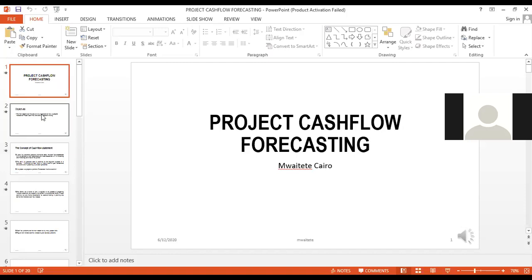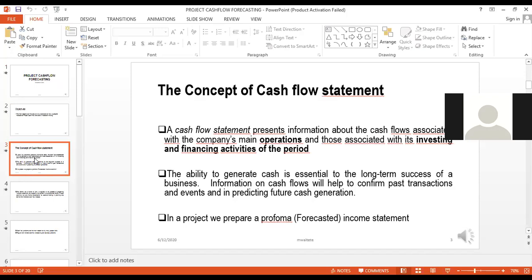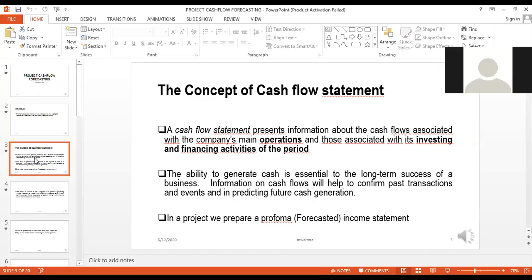And that is what I wanted to say: the cash flow statement presents information about cash flow associated with the company's main operation and ability, showing the ability to generate cash in a project.